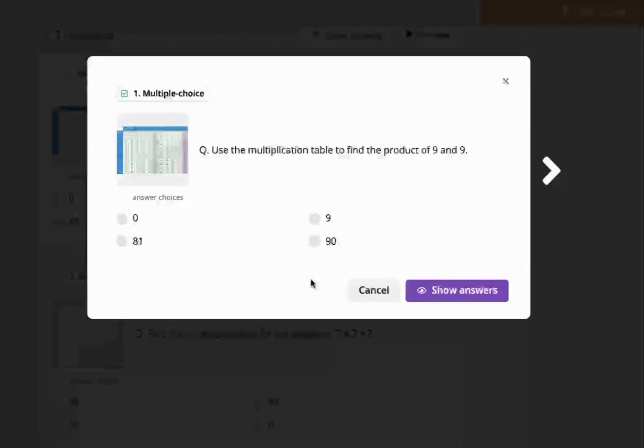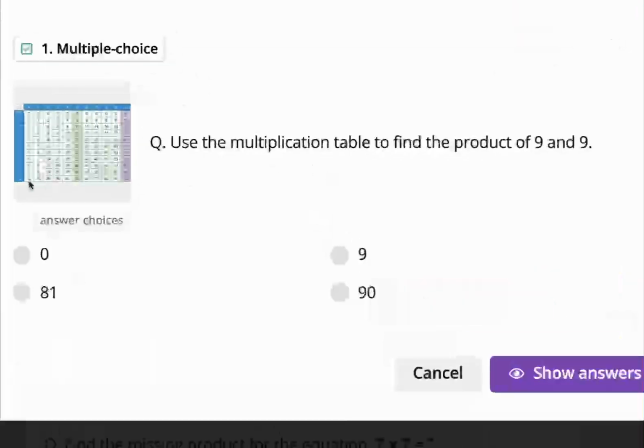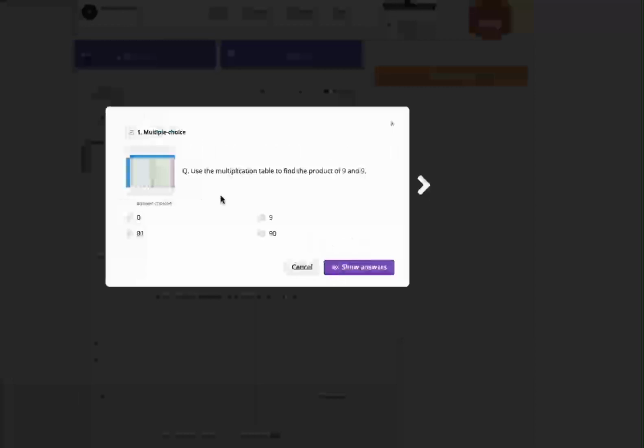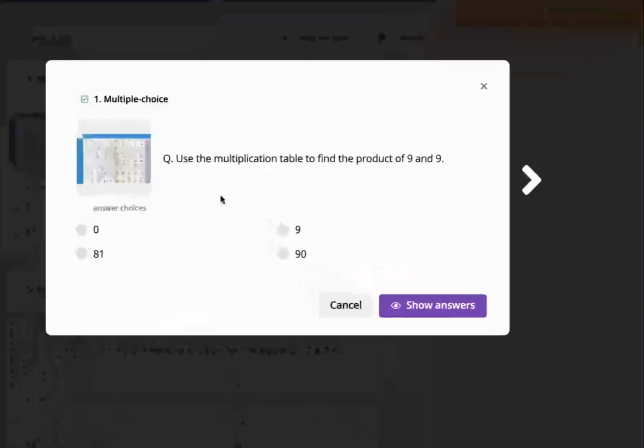Okay, Muhammad Kumail. Do you see the question? Yes. Use the multiplication table. Of course, you have a multiplication table in your book. You don't need to use this small one. You have a large one in your book, so just use the one in your book. And tell me.